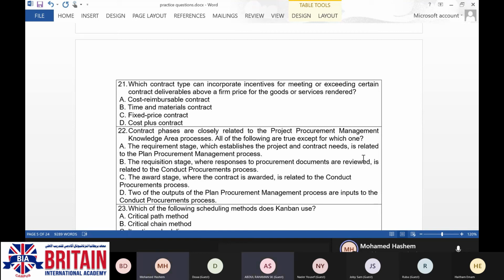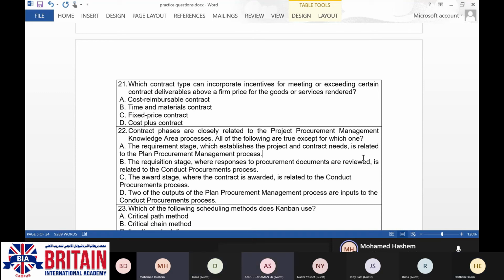B, the requisition stage, where responses to procurement documents are reviewed, is related to the conduct procurement process. C, the award stage, where the contract is awarded, is related to the conduct procurement process. D, two of the outputs of the plan procurement management process are inputs to the conduct procurement process. Which one? They are asking you to select the wrong answer.